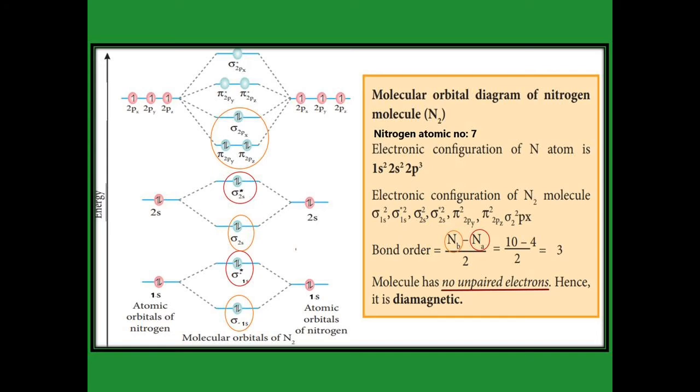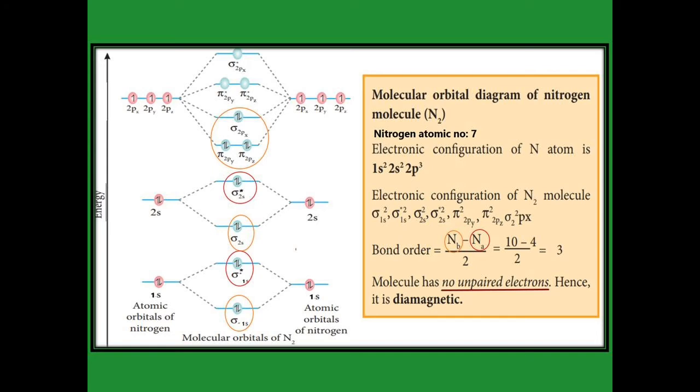So pi 2py and pi 2pz both lie on the same level, because both pi orbitals have the same energy. But sigma 2px has somewhat higher energy, so it lies above pi 2py and pi 2pz.